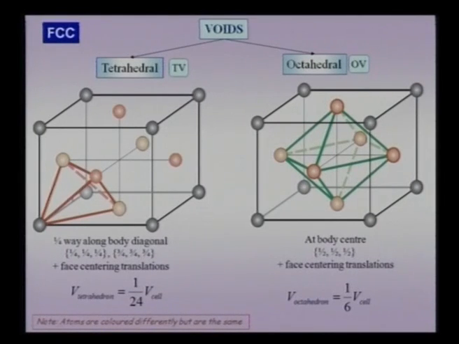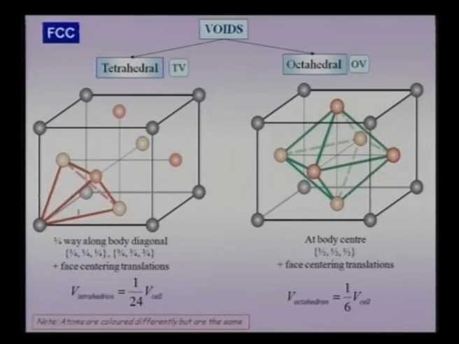The tetrahedral void is located quarter way along the body diagonal, and I mean that the center of the tetrahedral void is located a quarter way along the body diagonal. And now, when I have a single tetrahedron located like this, then all the symmetry operations of the CCP crystal will operate on this tetrahedral void and give me the remaining tetrahedral voids, and as we shall see, there will be 8 such tetrahedral voids.